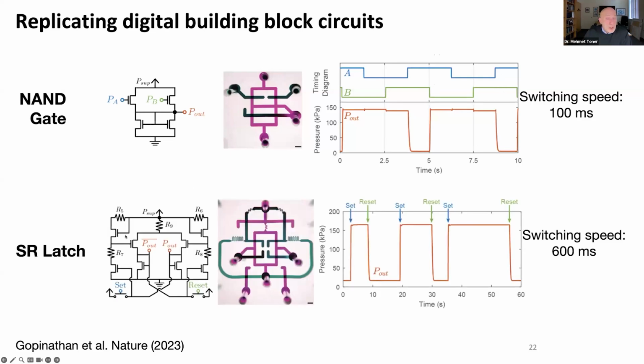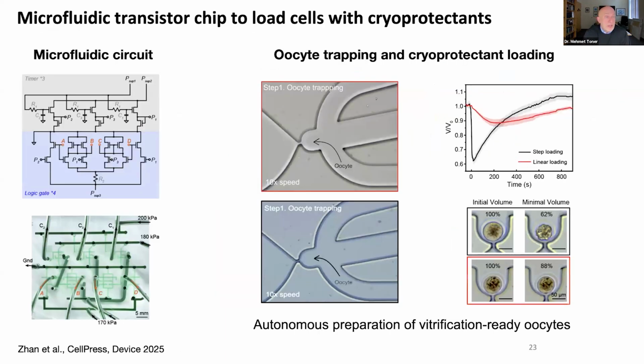You could do a latch where you could do set and reset. So with these 5 important modules, you could build the equivalent of any complex integrated circuit using microfluidics, by using the tools of the entire electronics industry.